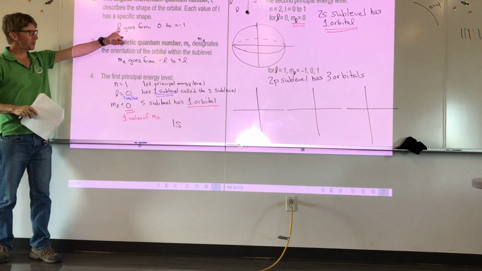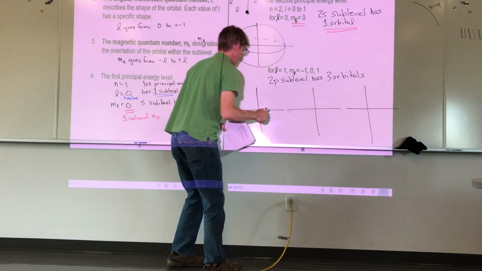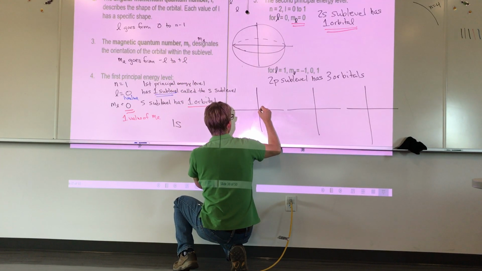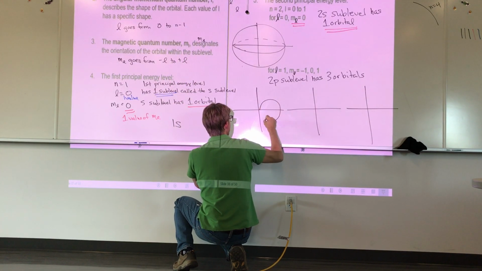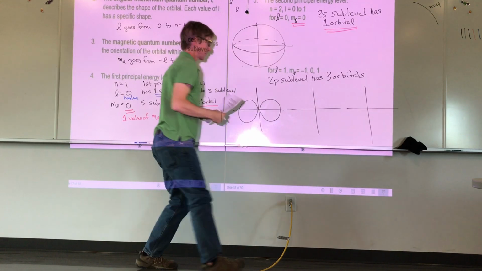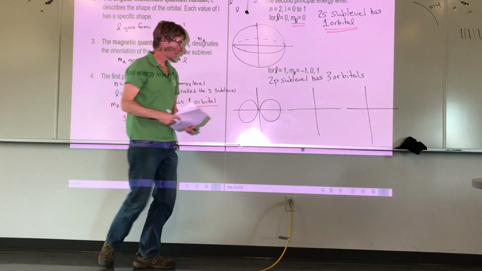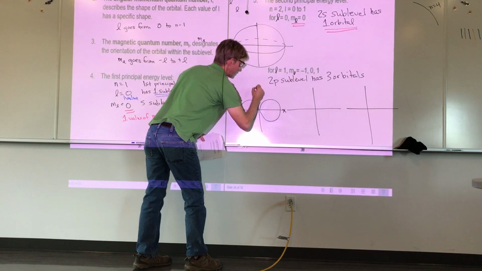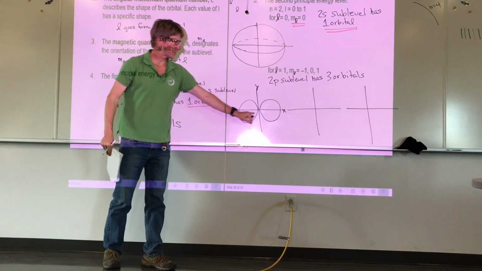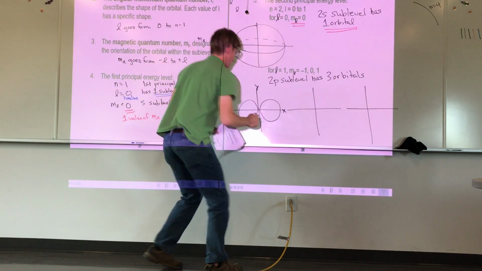Remember, the value of L, and L equals 1, tells you the kind of the shape. Here's one of the 2p orbitals. I'm going to draw it along the x-axis, and I'm going to call it 2p sub x.